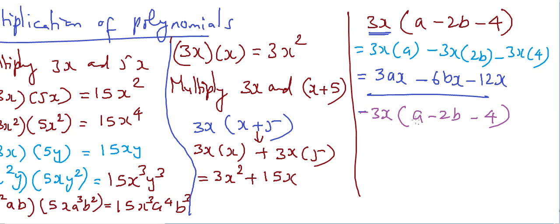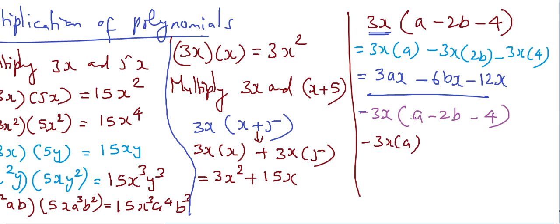Okay, now each sign will change here. See within the bracket, the first term is plus, the second is minus, the third also minus. Because there's a minus sign outside, when you remove the bracket, or when we expand, each sign of each term will change. So we can write it as minus 3x into a.